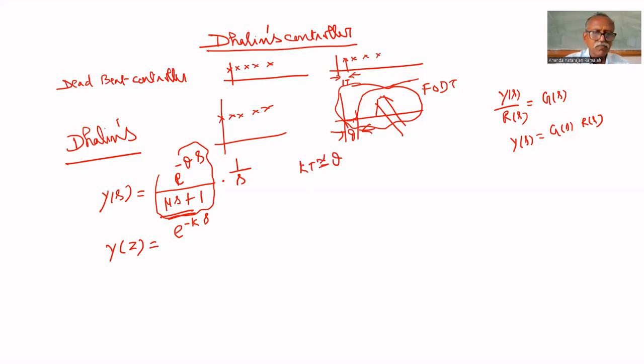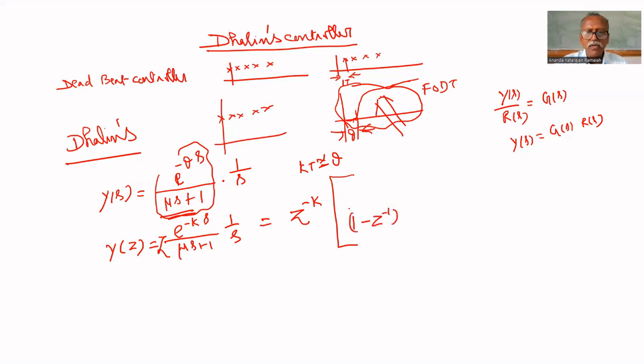So we have z power minus k times the z transform of 1 by s multiplied by mu s plus 1. For this, the response has 1 minus z power minus 1 in the denominator.